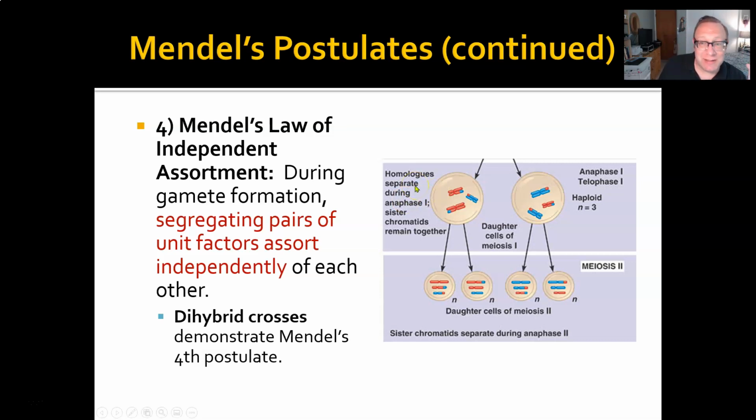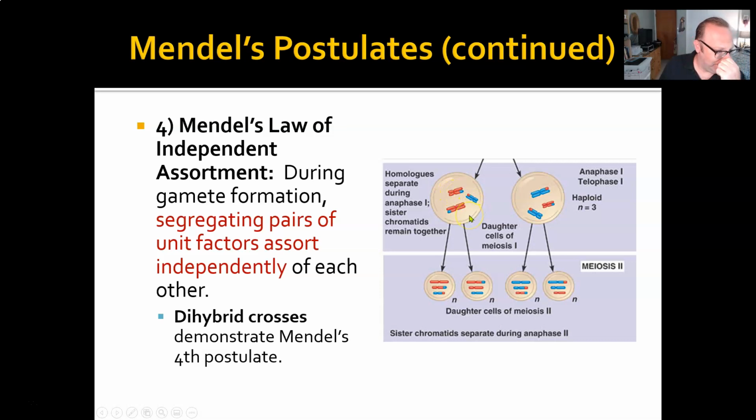So each pair is going to split randomly. Okay? So just because long red here goes to the left does not mean long red in the medium-sized chromosome is going to the left, right? Again, every single one of these has a 50-50 chance.